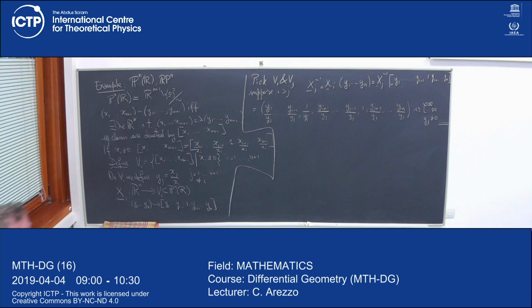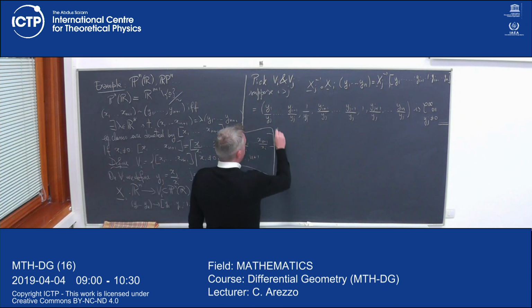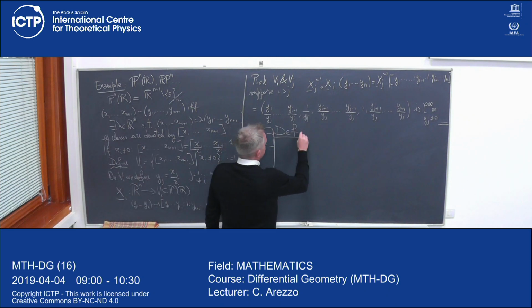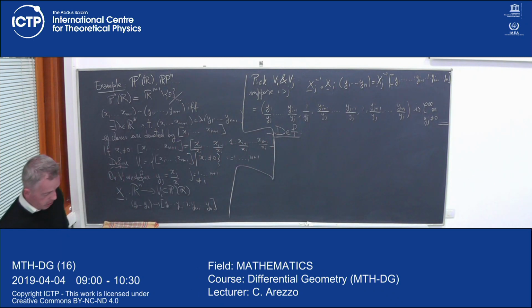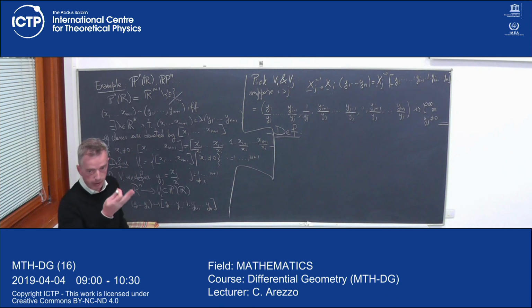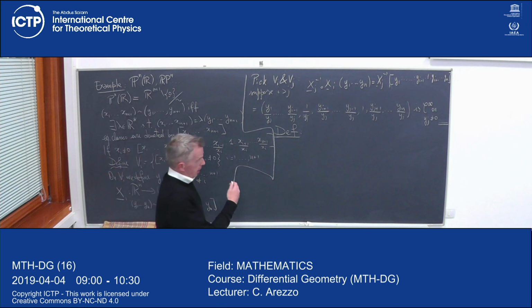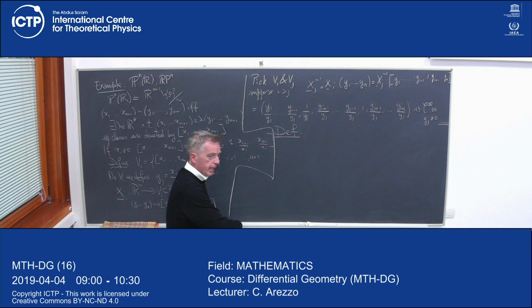Okay, now we have the definition of differentiable manifold. So, as I said at the end of the last lecture, we automatically have the definition of a differentiable function. If you remember, when we studied surfaces, I first defined what is a differentiable function with domain on a surface and target real values, then with the domain Rn and target a surface, and then between a surface and a surface.